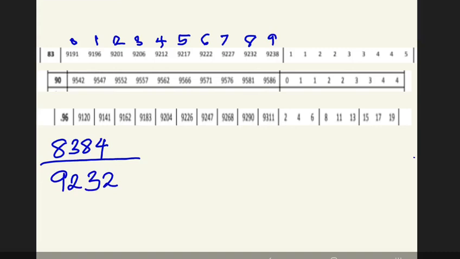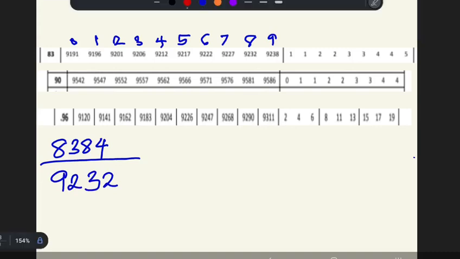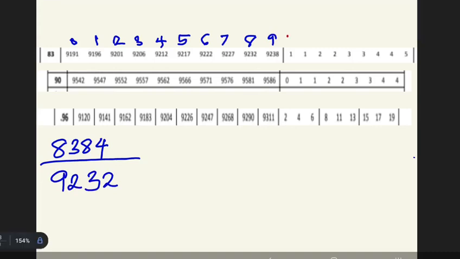They start from 1, 2, 3, 4, 5, 6, 7, 8, 9. The difference of 4 gives us 2.